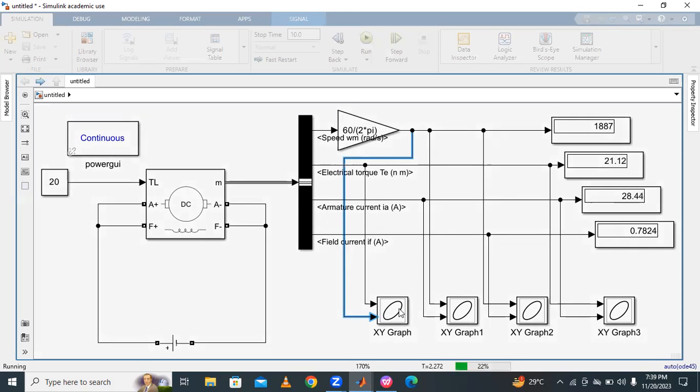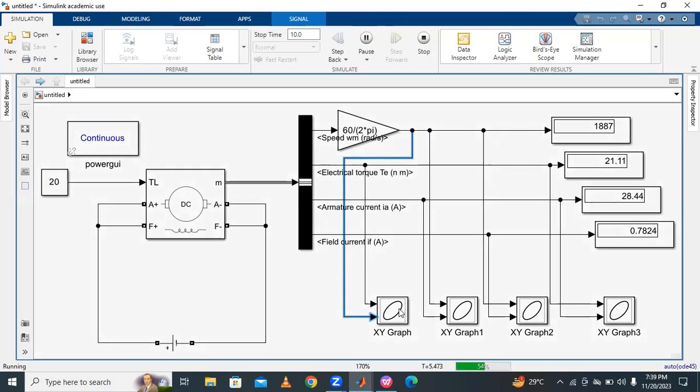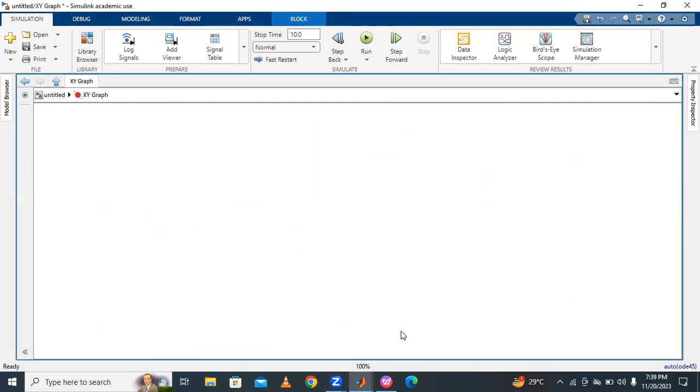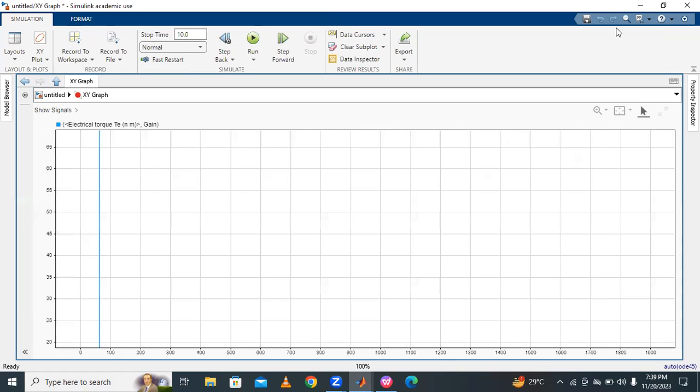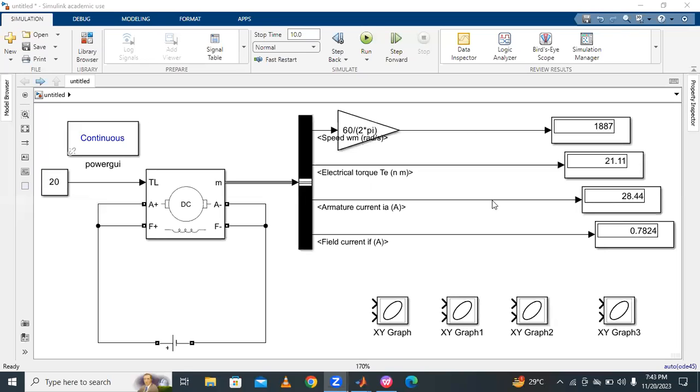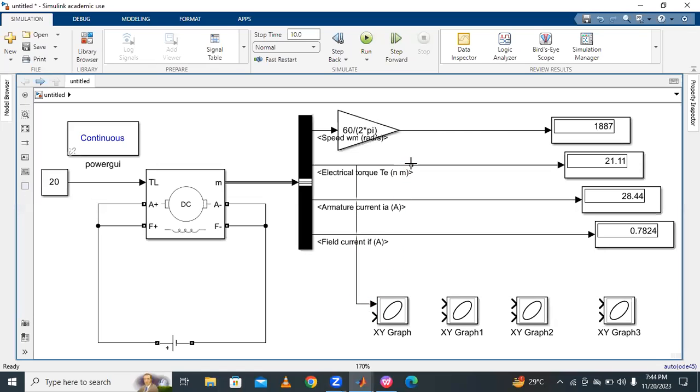Then simulate again and open it. This is the x-axis, this is the y-axis. The first input is the x-axis and the second is the y-axis. The x-axis is torque, that's why I connect it like this, and the y-axis is speed.